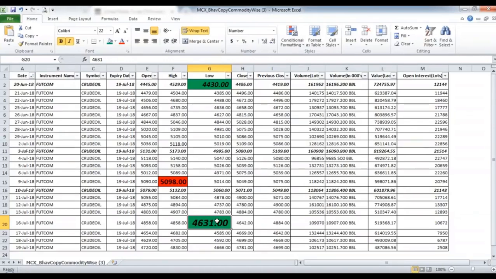Yes, sir. So it went below 4631. Now I'm trying to do a break inside kind of thing. If it went below 4631, what is the likelihood? It should come back and close above, right? Yes. It closed above, no doubt.